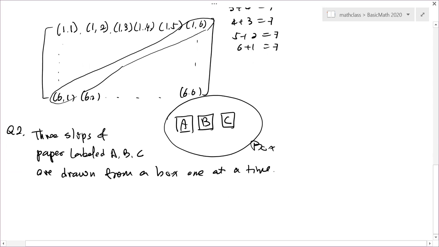My question was without replacement. So what is the probability that the last one would be A?